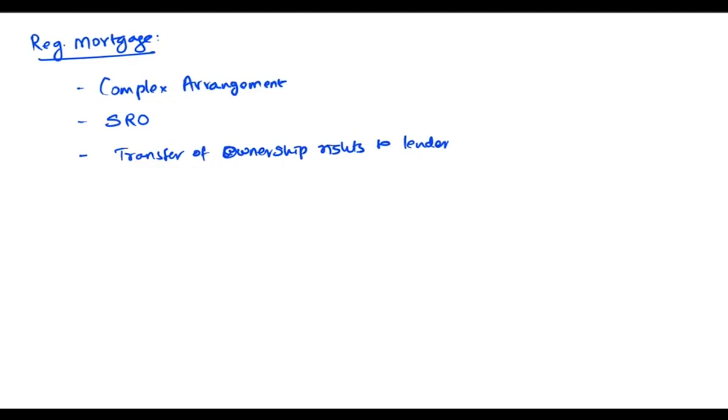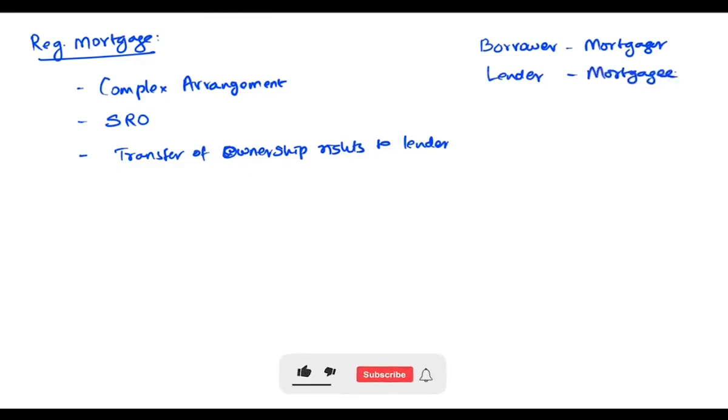It means in the event of default, this mortgagee, that is lender, here borrower is called as mortgager and lender is called as mortgagee, can enforce his right to sale. It means in the event of default, lender can dispose the property in any manner they deem fit, and it means lender has more rights than a simple mortgage.